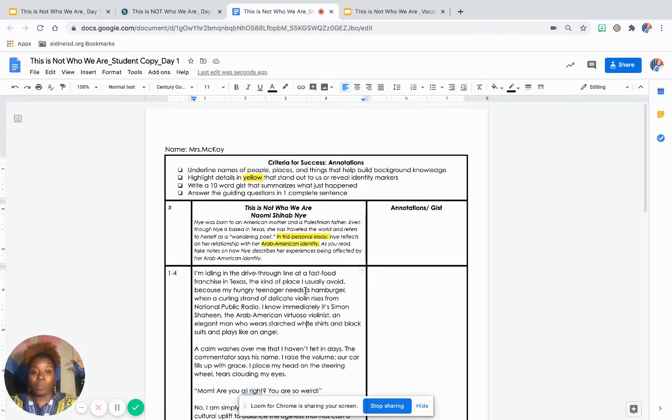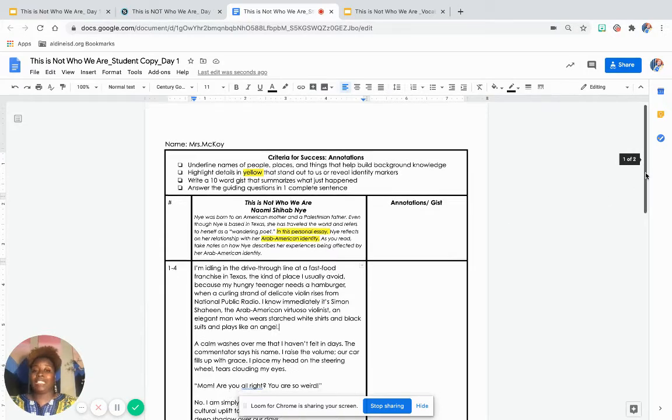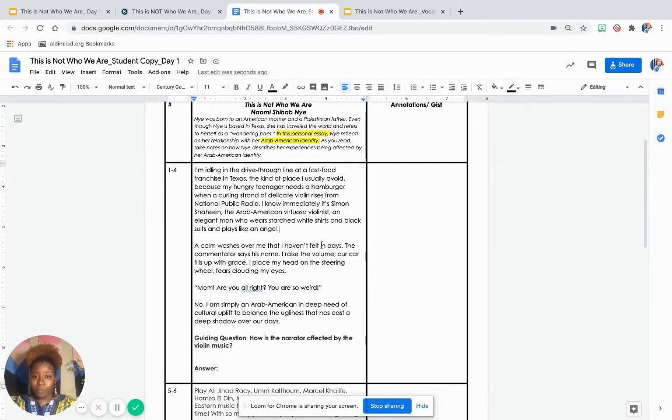All right, so we don't need to write a gist for this little portion. We just wanted to highlight some key points there. We're going to start with the read. And for this activity, I'm only going to read the first excerpt and then do some highlighting, do some underlining, and then I'm going to help you all out with the annotations and the guiding question.